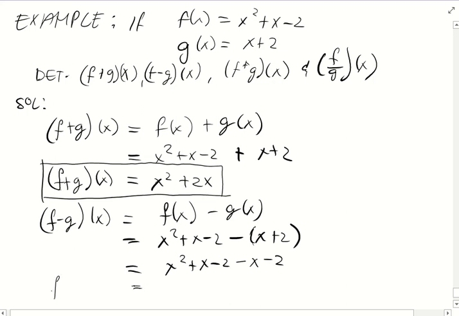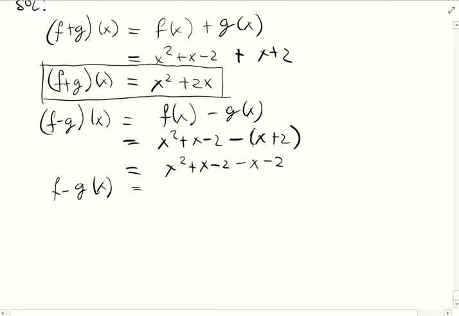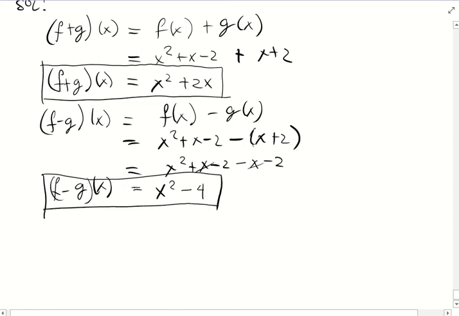Now f minus g of x will be equal to x squared, x minus x, this will be 0, we cancel out. Negative 2 minus 2 is negative 4. So this will be f minus g of x.